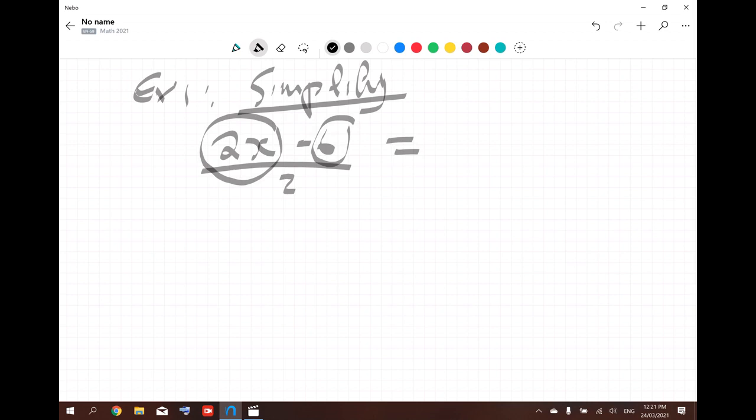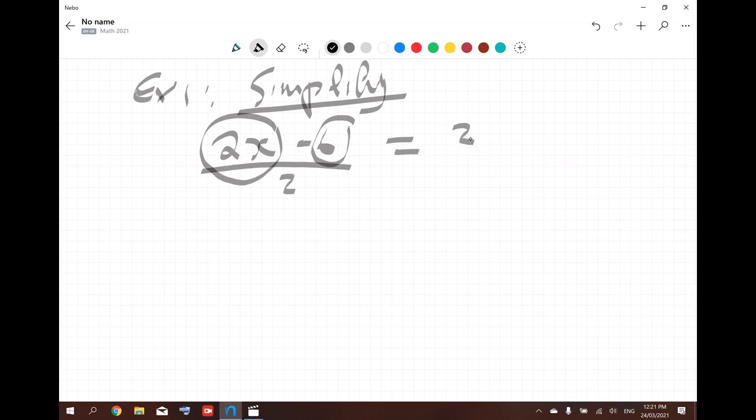So my aim now is, instead of having 2x minus 6, to change that into a product of factors. One of the methods we're going to learn afterwards is taking the highest common factor, and simply, the two terms are divisible by 2.